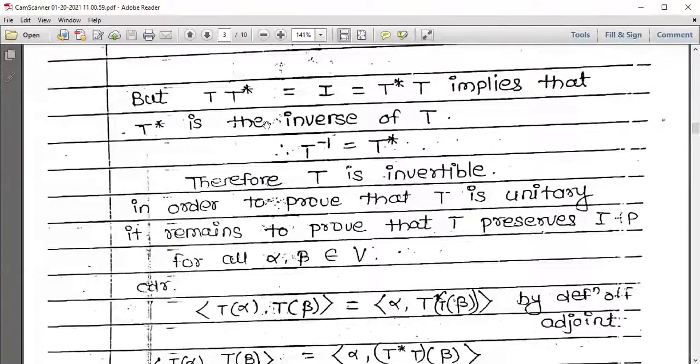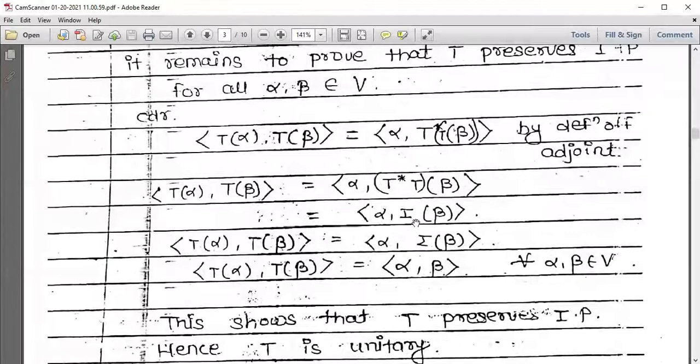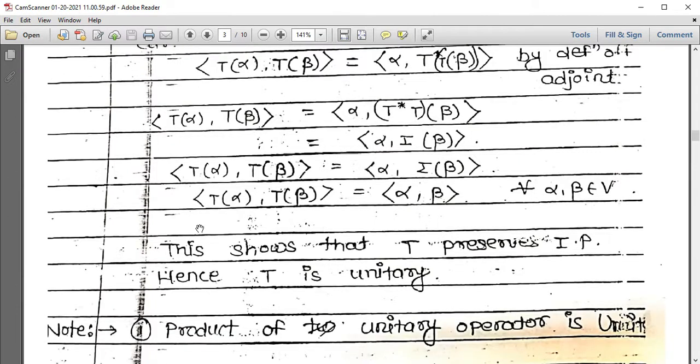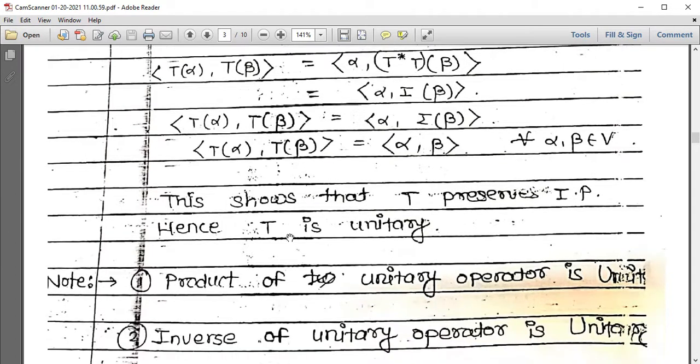So this is equal to the inner product of alpha and I of beta. Hence we get the inner product of T alpha, T beta is equal to the inner product of alpha, beta, since I of beta is equal to beta. This is true for all alpha, beta belongs to V. Hence, this shows that T preserves the inner product.